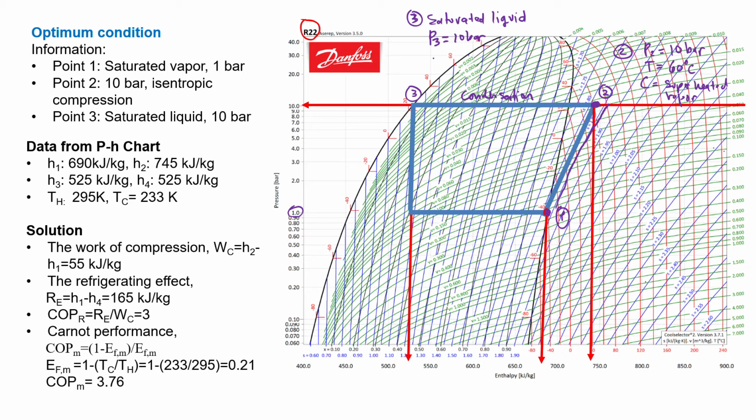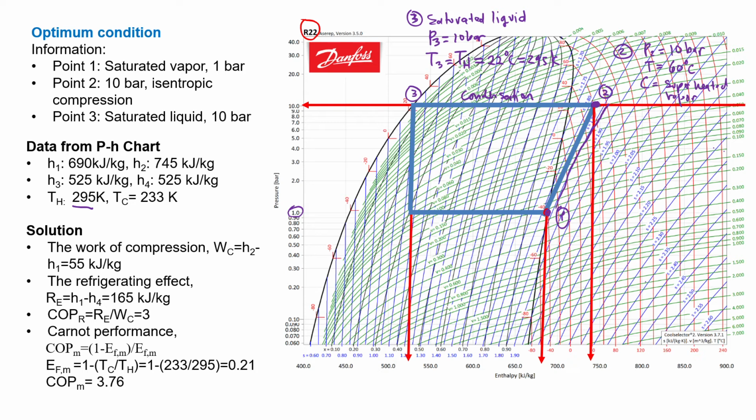The temperature at point 3 is equal to TH, slightly above 20. You have a 20 line at 9. Here I write it 22 degrees Celsius. It corresponds to 295 Kelvin. So we state here 295 Kelvin.